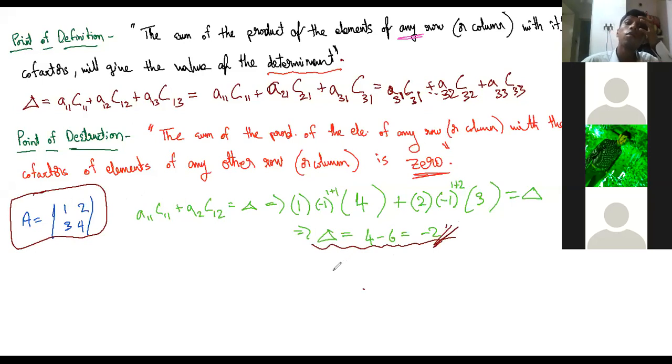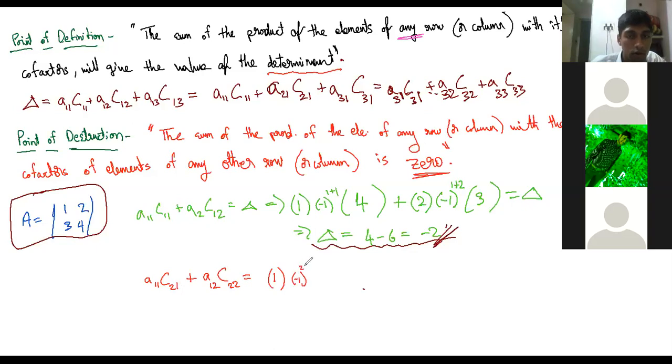Okay. Now let us look into the property of destruction. See, these titles I made by myself, so that you'll remember. Don't search for it on the internet or book. Okay. Point of destruction क्या बोल रहा है? A11 into C21, let us say, plus A12 into C22. What is this equal to? A11 will be 1. What is C21?